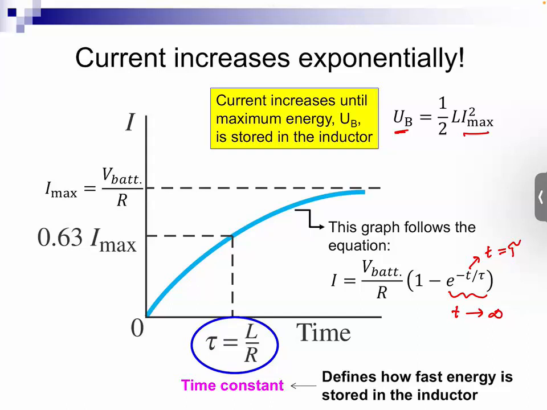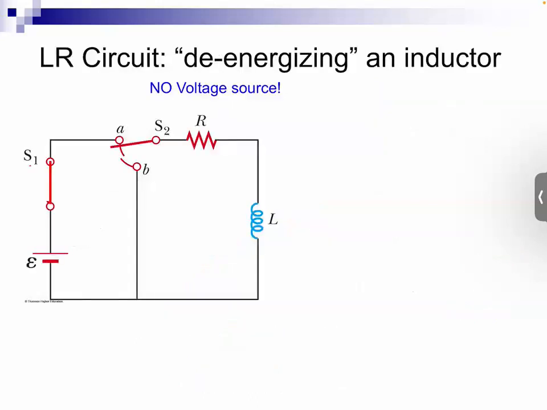They store energy, except that for an inductor, the energy is stored in the magnetic field, because you need this change in the current in order to store the energy in the magnetic field. Whereas for a capacitor, the energy is stored in the electric field between the plates of the capacitor. Right? Cool.